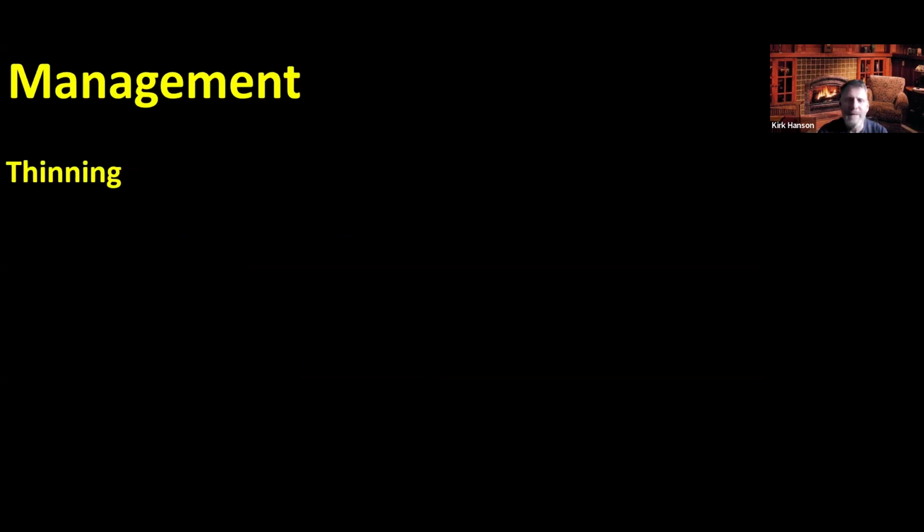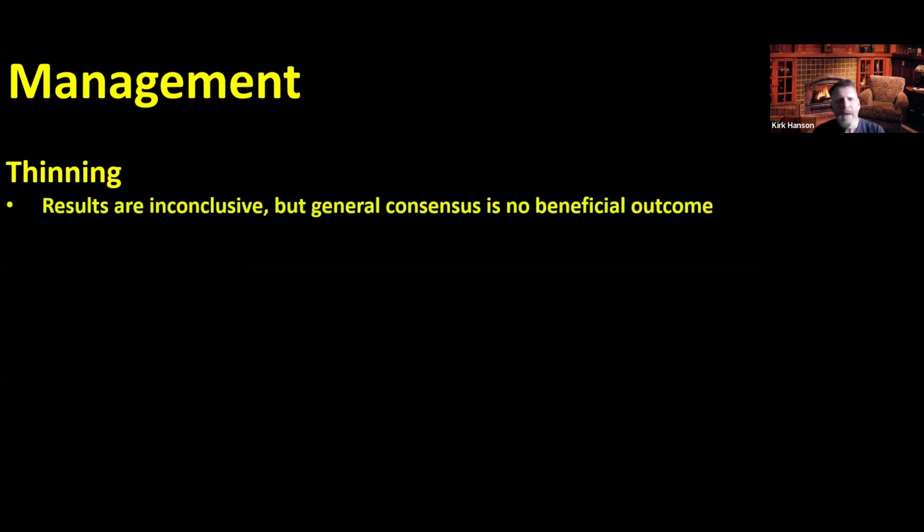So let's get into thinning, because this is the subject of a lot of misunderstanding. Interestingly, the results of thinning are very inconclusive. I read through about half a dozen papers pertaining to thinning, and there were directly conflicting results in some of them. But in general, the consensus is that thinning really has no beneficial outcome.